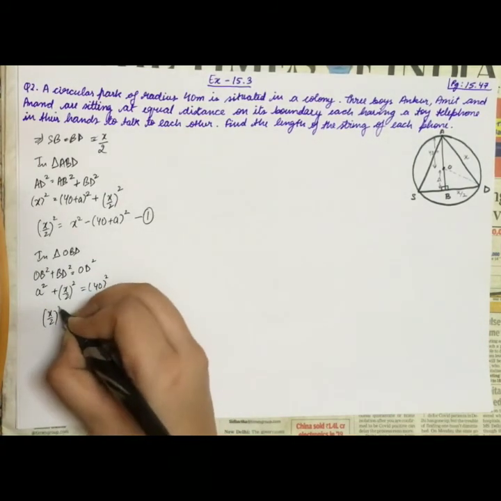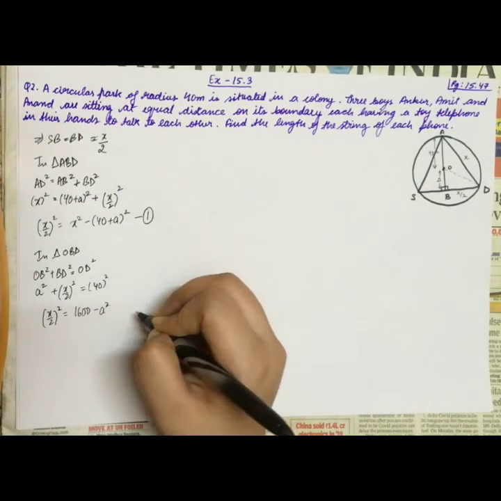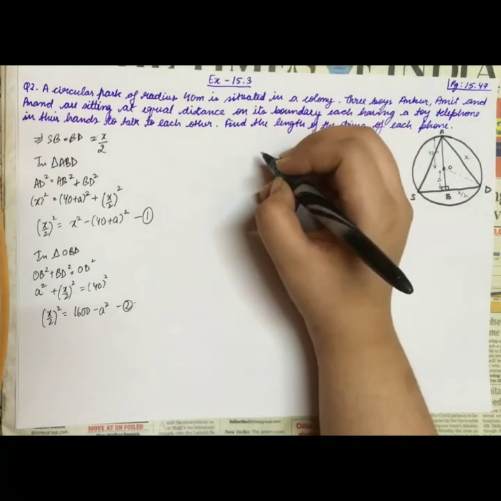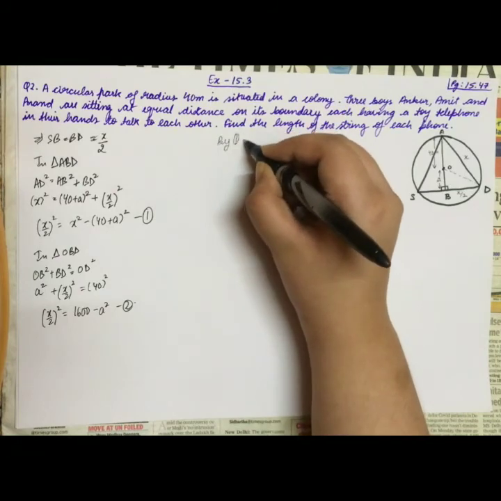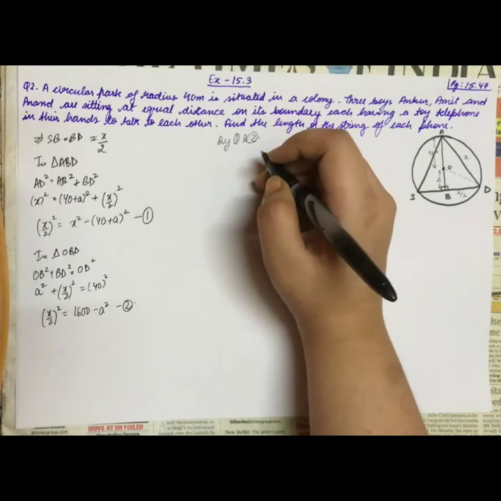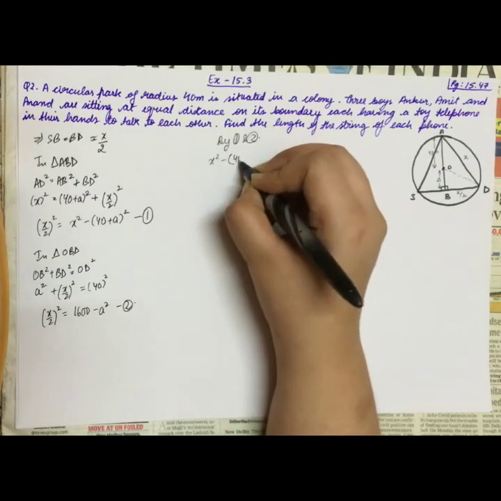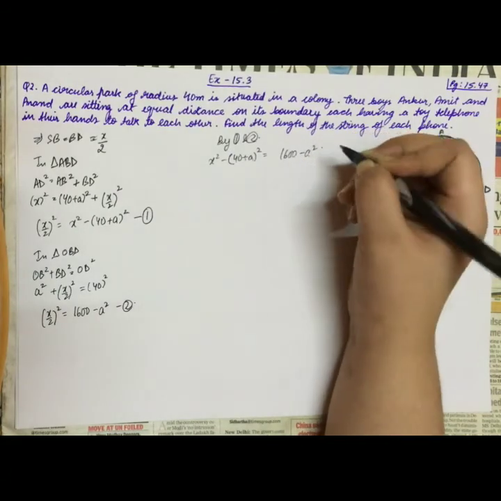Therefore x by 2 square is equal to 40 square, that is 1600 minus A square. We'll mark this as 2. Now by comparing 1 and 2, we can see that x by 2 whole square is equal to x square minus 40 plus A square is equal to 1600 minus A square.